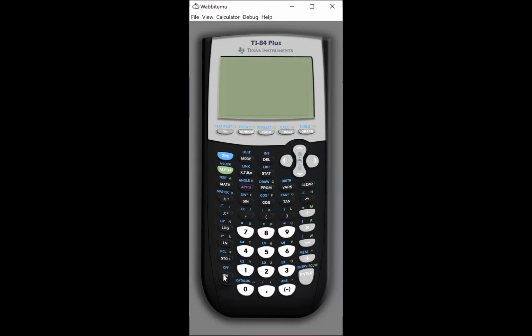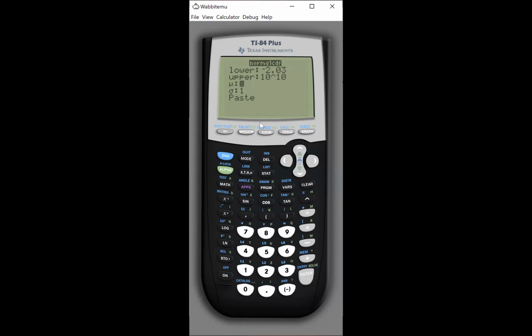For the TI-84, let me clear this. First thing you want to do is hit second and hit the bars button. Then if you look at number 2, you want to do normal CDF. For the normal CDF, the lower bound is negative 2.03. For the upper bound, we do 10 to the 10 power.